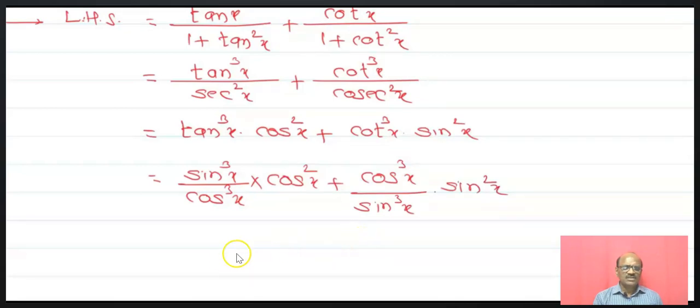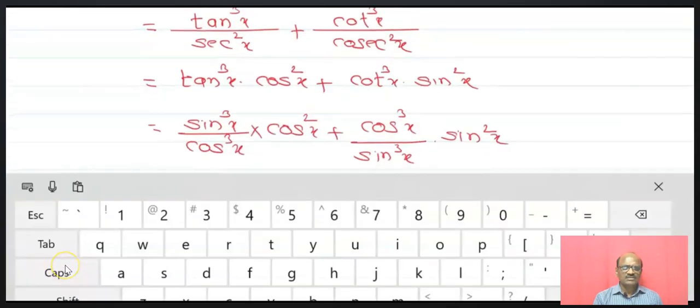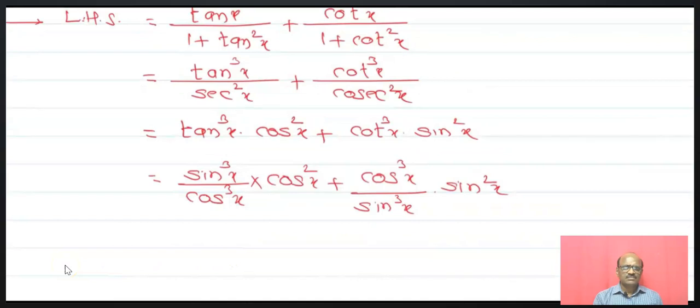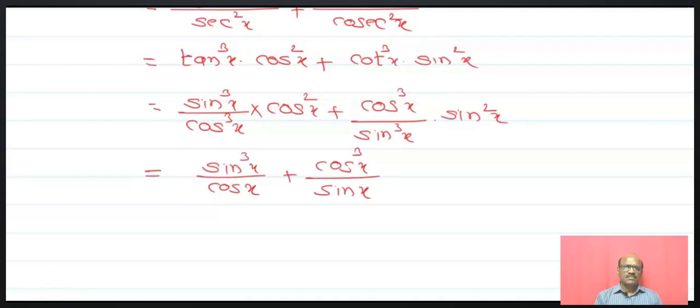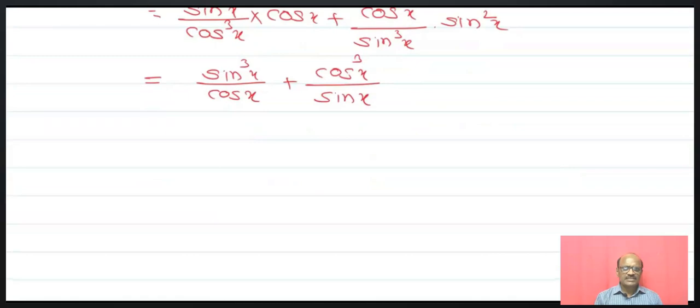Now the cancellations of the terms give sin cube x upon cos x plus cos cube x upon sin x.